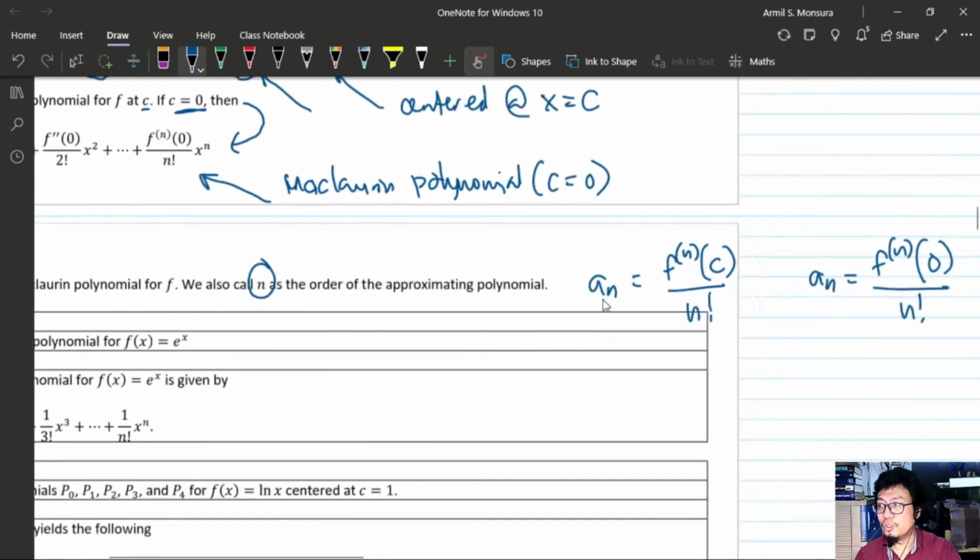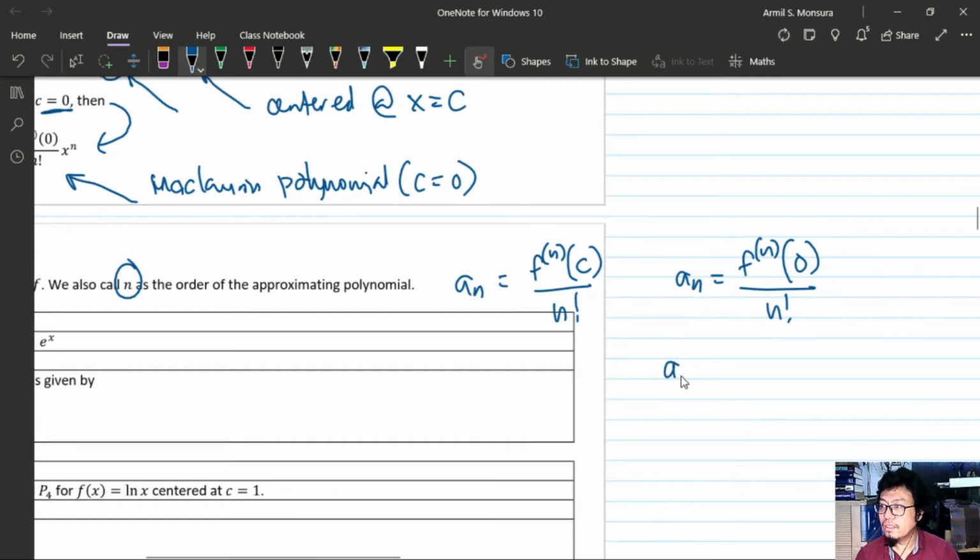So a0 is simply the zero order derivative, so that's basically your function, f of 0 over 0 factorial.